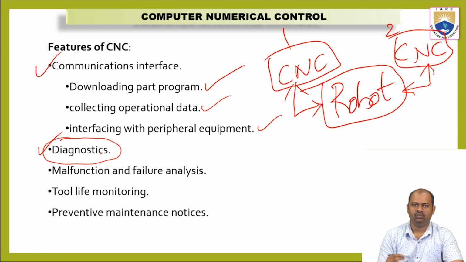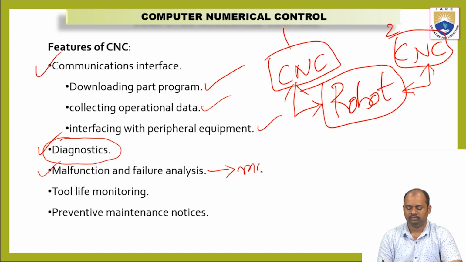No need to check within the machine, because nowadays these CNC machines are very complex. Now the CNC machine itself can diagnose any malfunctions or damages within the system. Here, malfunctions and failure analysis are simply the same. Malfunctioning and failures of the machines can be easily identified, and one important feature is they will continuously monitor the maintenance.